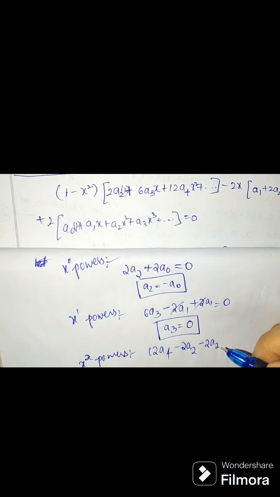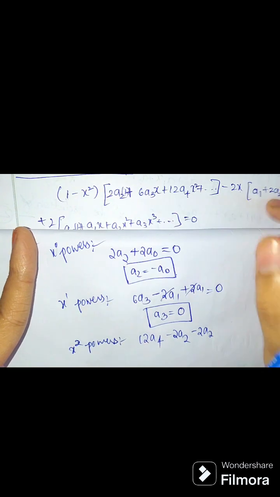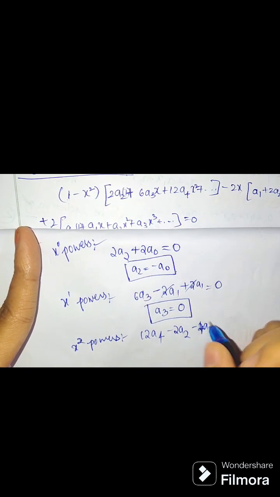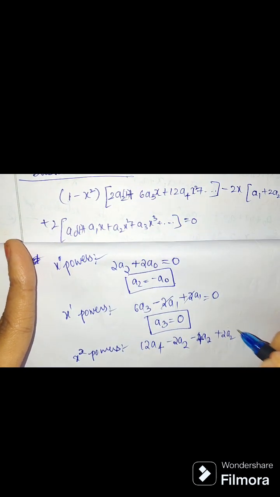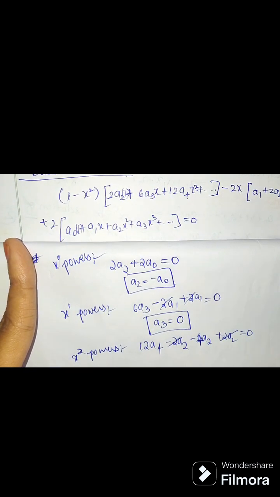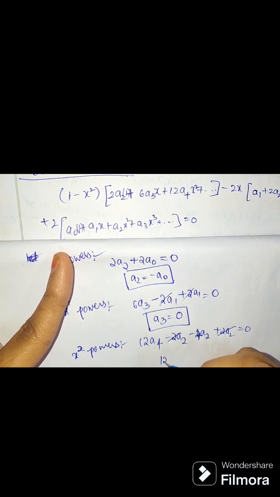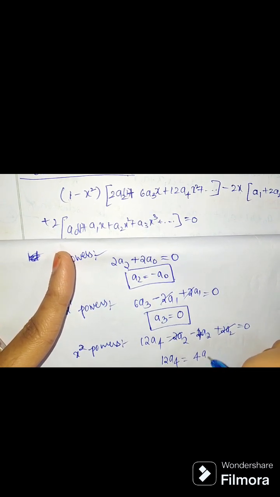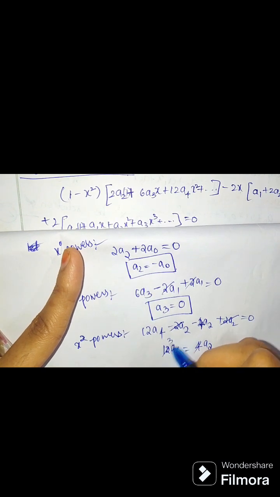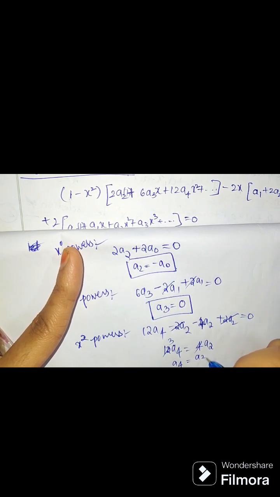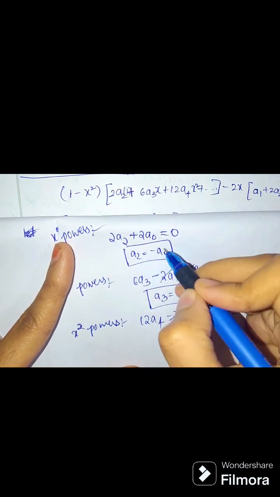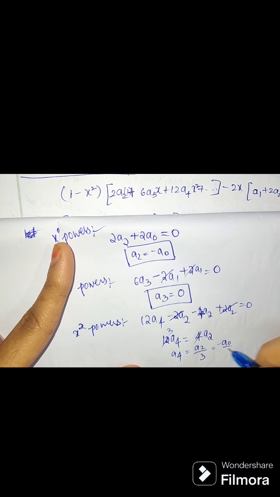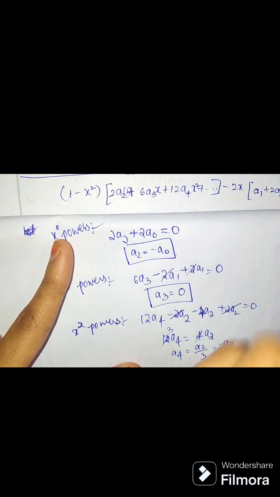And here 2 into 2, 4, no. Next, the x square coefficients: 2a2 plus 2a2 are cancelled. So now I'll write 12a4 is equal to 4a2, so a4 is a2 by 3. What is my a2? Minus a0, so it is minus a0 by 3. So finally I expressed a4 also in terms of a0.